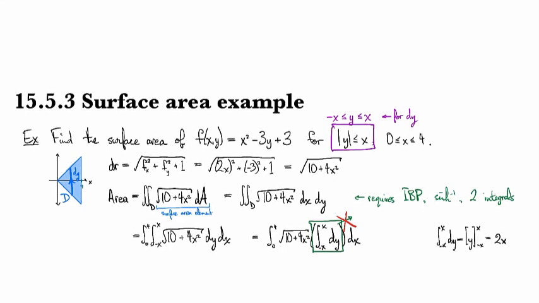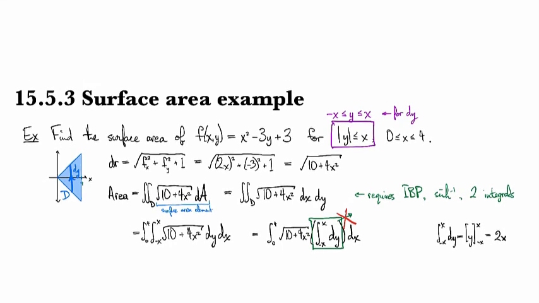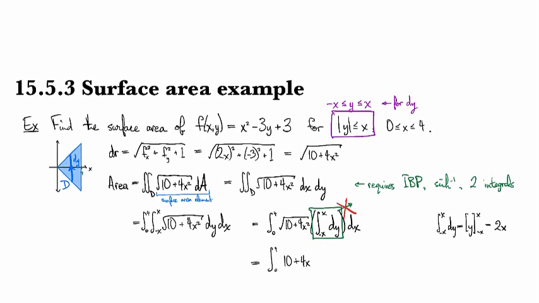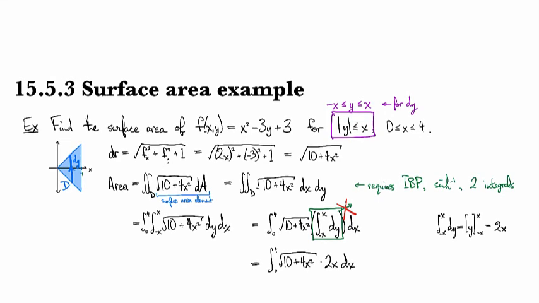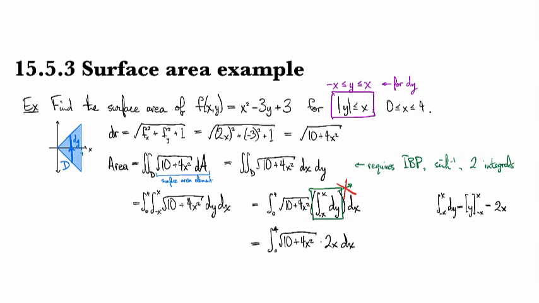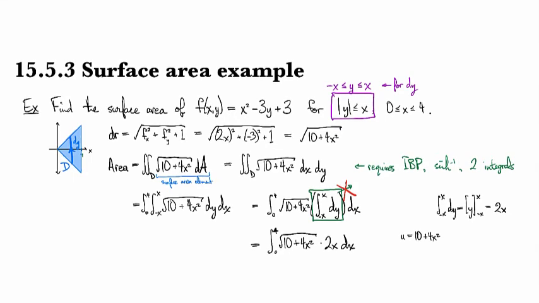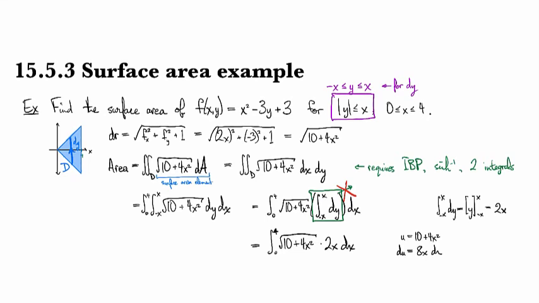The inside integral gives 2x. So this is the integral from 0 to 4 of my buddy, the square root of 10 plus 4x squared, times 2x dx. Now I can solve this one with a good old u substitution. Let's take u to be 10 plus 4x squared, and then du is going to be 8x dx.